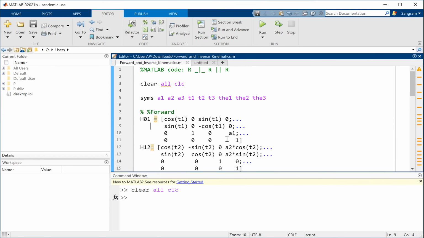Yes, we also have the minus sine theta. Everyone understands that 0H1 is the same 0H1 I derived 10 minutes ago. Okay, good.